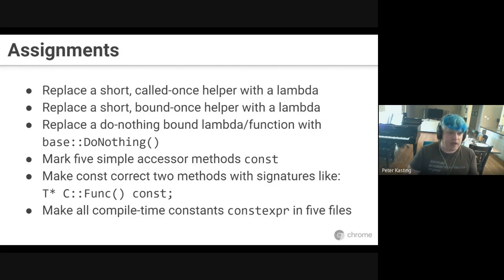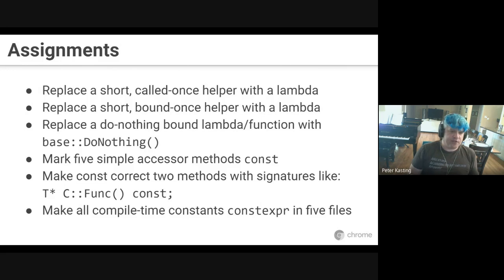Try replacing a helper function that's only called by one other place with a lambda in that other place, modulo that this makes readability sense. Try replacing a short helper function that's only used in a bind call with a lambda right in line in the bind call. Usually this does make readability sense if the function is short.